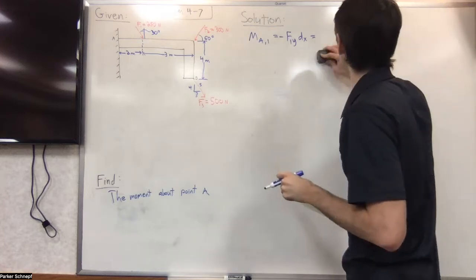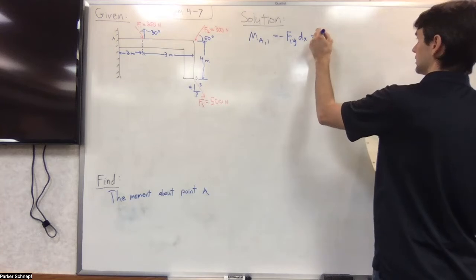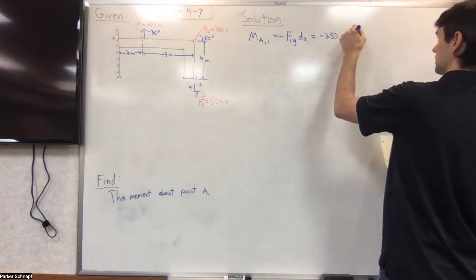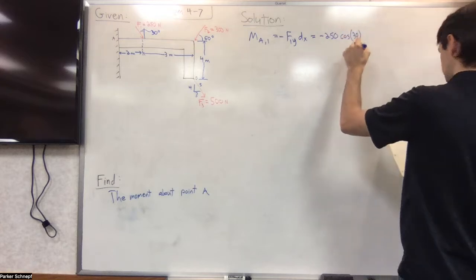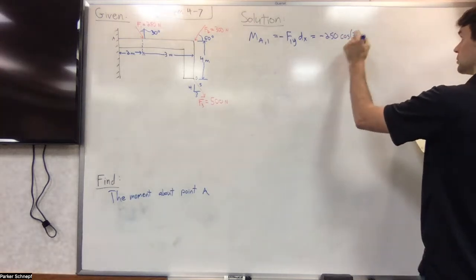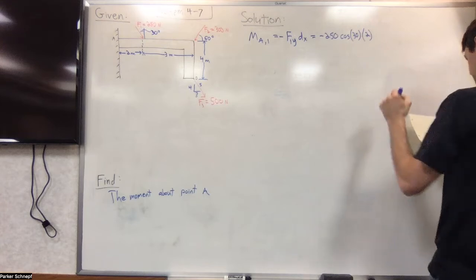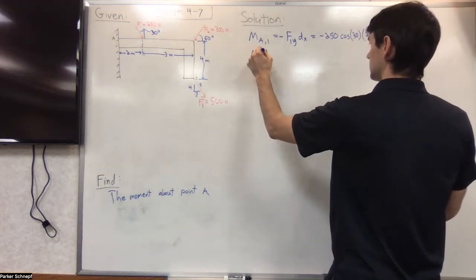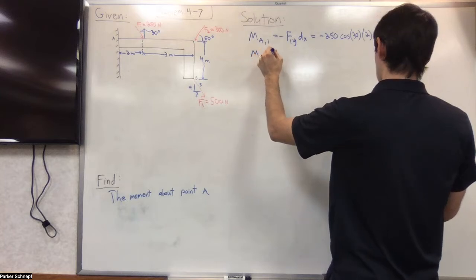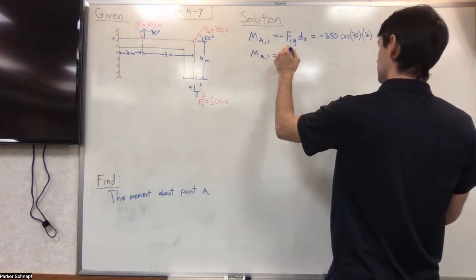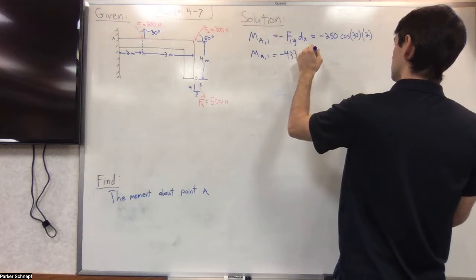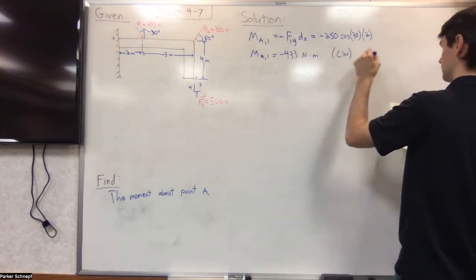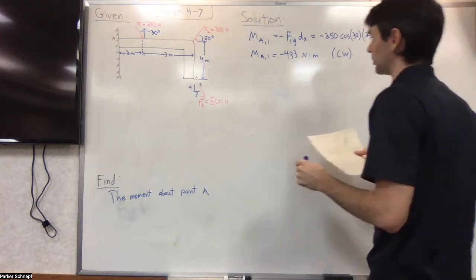F1 is 250, so negative 250 cosine 30 times 2. When I plug that in, the moment about A caused by force 1 equals negative 433 newton meters. The negative tells me that it is in the clockwise direction. I'm leaving room here because I'm going to come back to it.